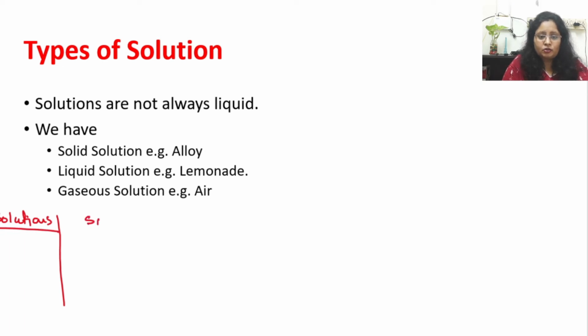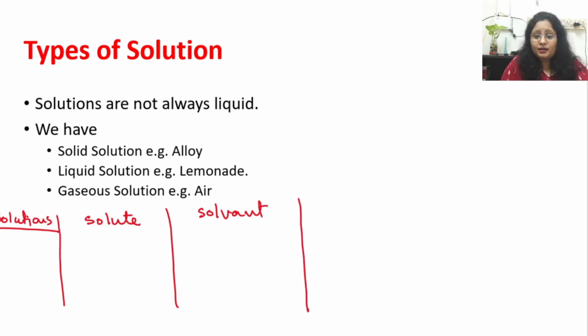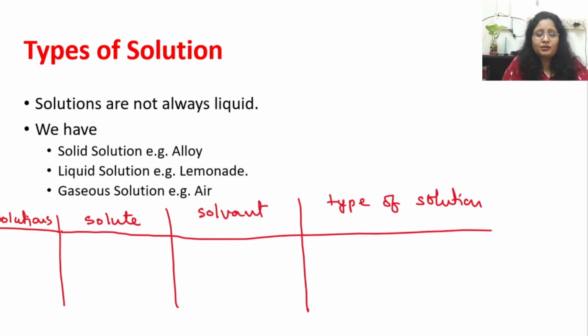I will tell you the solute, the solvent, and which type of solution is formed, for some examples that are sometimes asked in the exams.